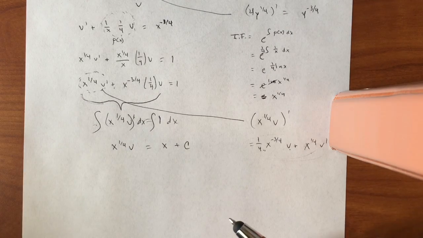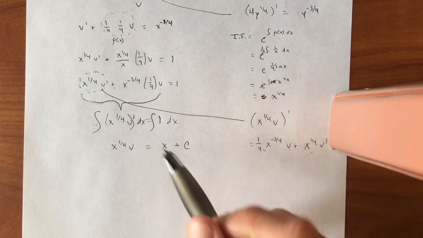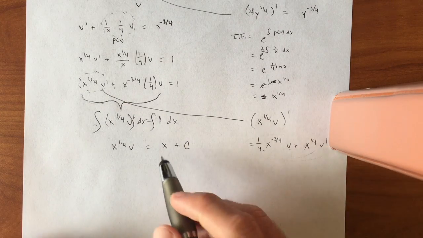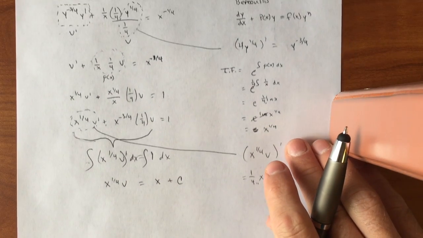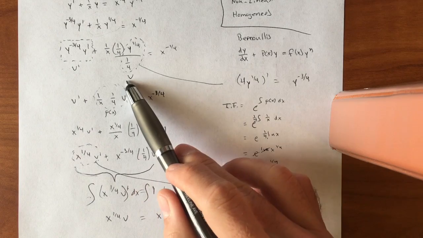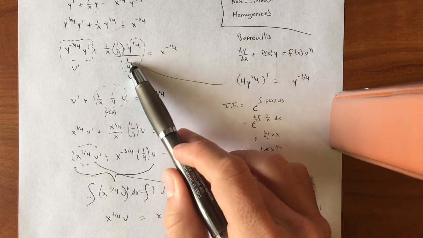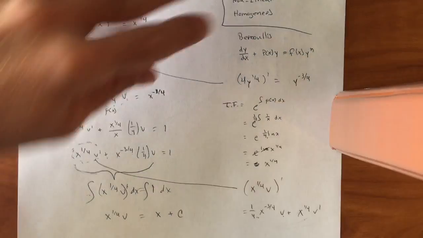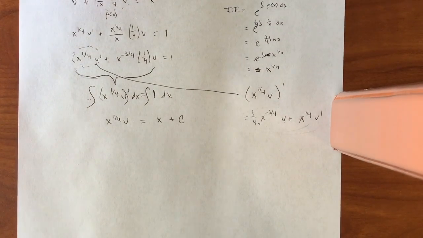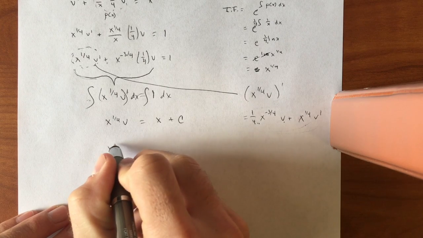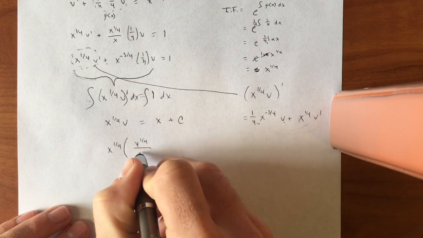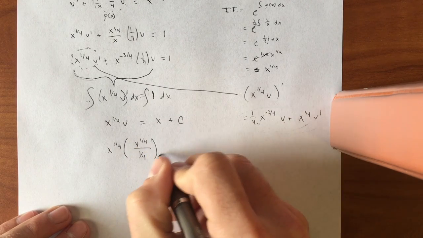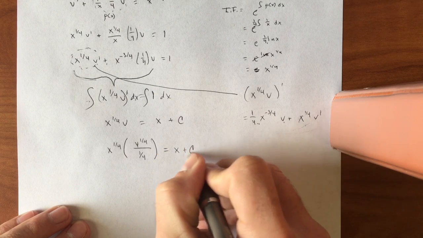And now, with what we have here, we can back substitute our v, because we can't have a v in our answer. So we'll back substitute, and if you remember earlier, we took v to be y to the 1/4 over 1/4. So let's back substitute our v. That'll give us x to the 1/4 times y to the 1/4 over 1/4 equals x plus c.